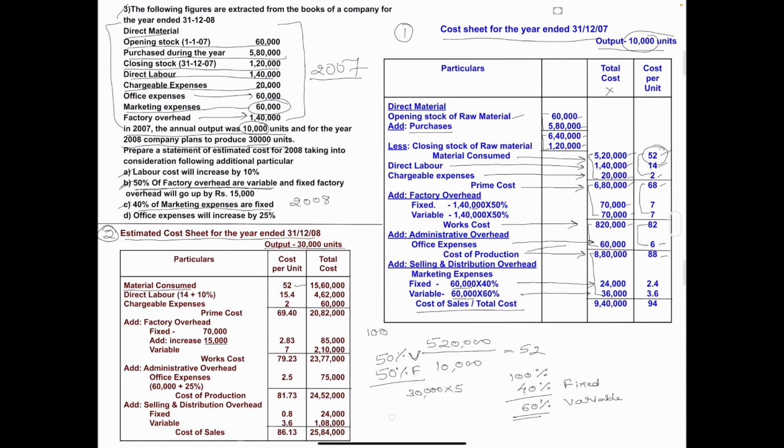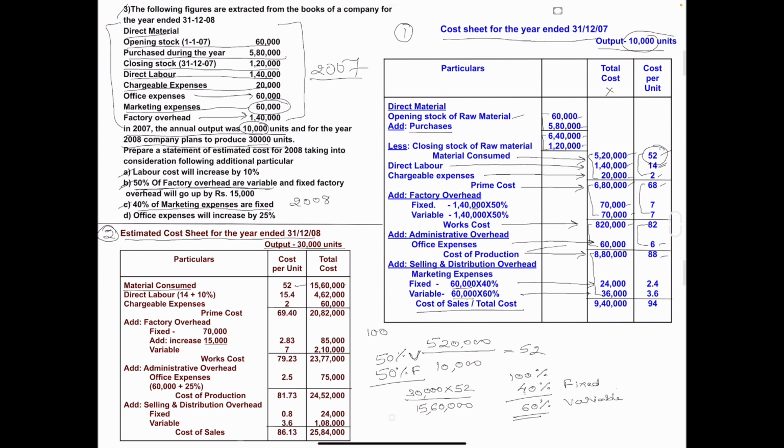We will get 15,60,000. Understood how we got this 15,60,000? 30,000 into 52. Total cost is 15,60,000. Next, direct labor. Direct labor cost per unit amount is 14. Refer the 2007 year cost sheet. 14.